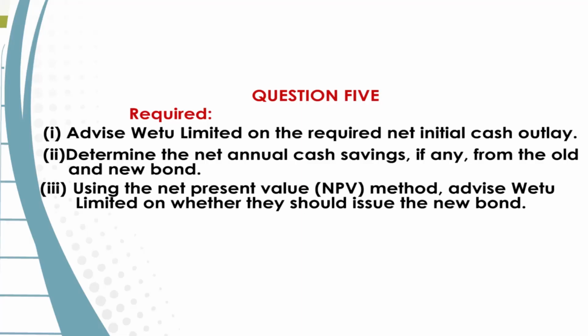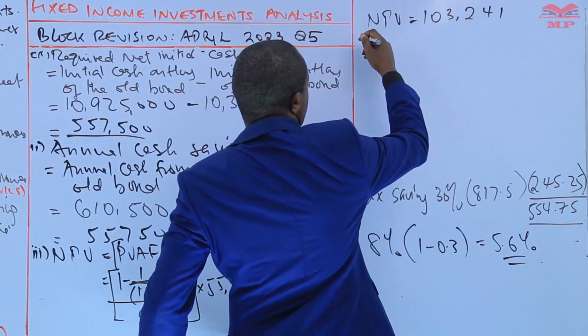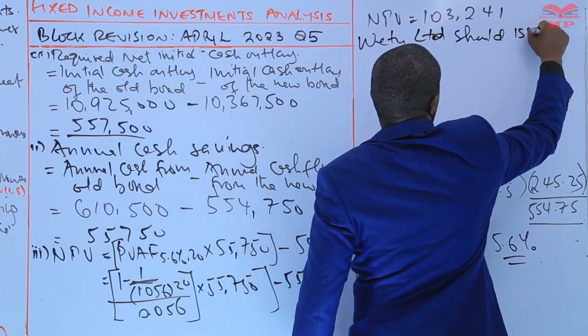What is the question? Using the NPV method, advise Way2 Limited on whether they should issue the new bond. So the answer is Way2 Limited should issue the new bond since NPV is positive.